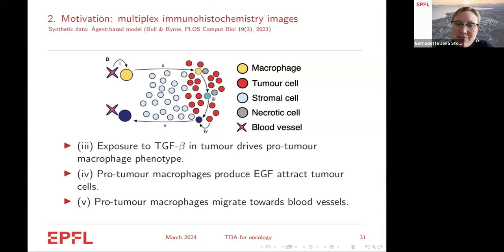So pro-tumor macrophages produce another chemical, EGF, which can then attract tumor cells, and at the same time, they are attracted back towards the blood vessels. And so what happens is that they migrate towards blood vessels, pulling tumor cells behind them. And so this is how you then end up with an escape behavior of the tumor, depending on the parameters, where the tumor can go towards the blood vessels.